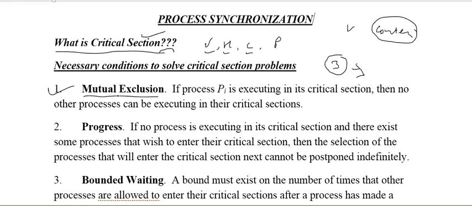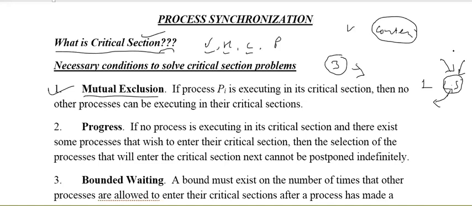Now, what is mutual exclusion? Mutual exclusion says that if one process is in critical section, then no other process can enter into this critical section. When this first process releases the critical section, then only another process can enter.